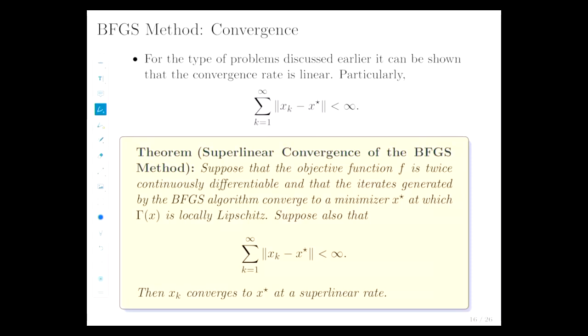We need the Hessian to be locally Lipschitz. So we need more regularity conditions. And we need this sum to be bounded. What it really means is that my distance to the solution, if I sum all the distances, is bounded. Under this condition, we can have superlinear convergence.